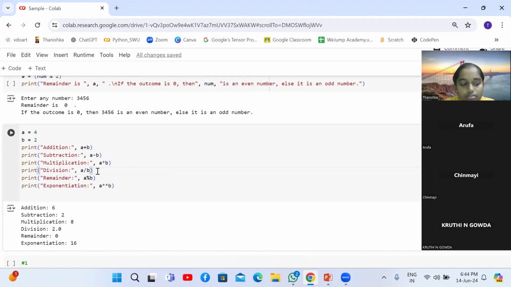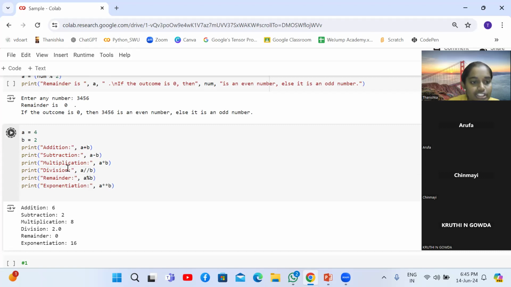It's float, correct. Float means will you get the decimal point or not? You will be getting the decimal point if it's float division. If this is double slash, then you will not get the point. But if you have written it as single slash, then you will get it.